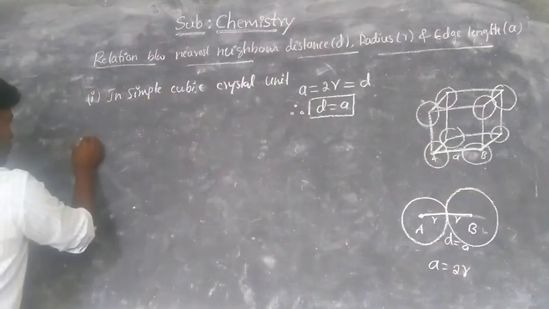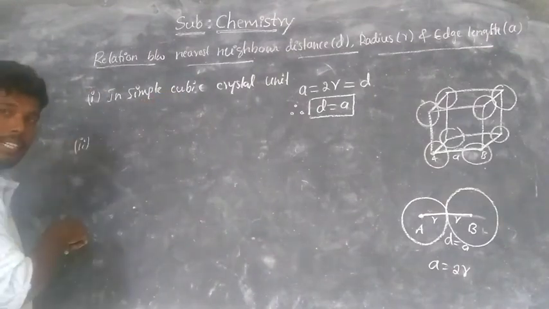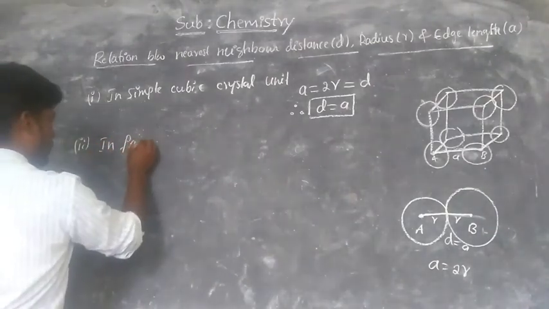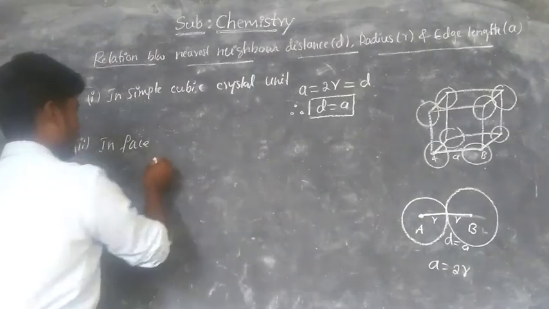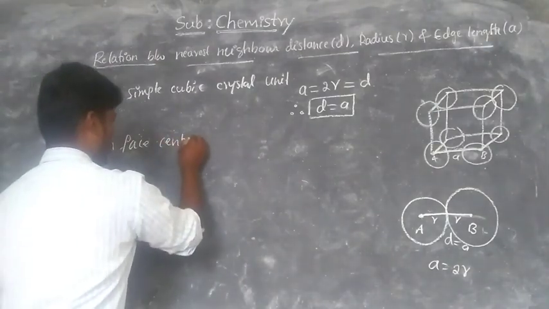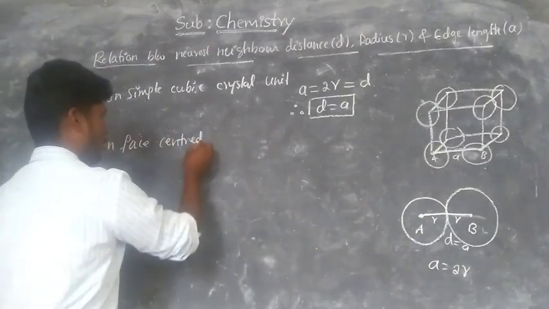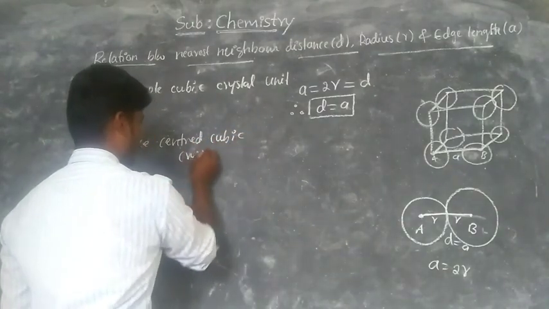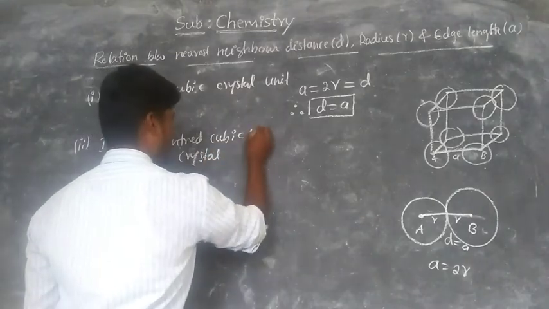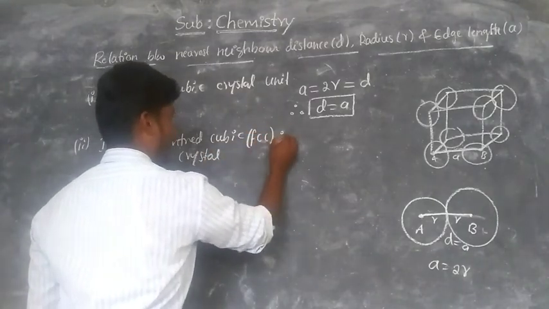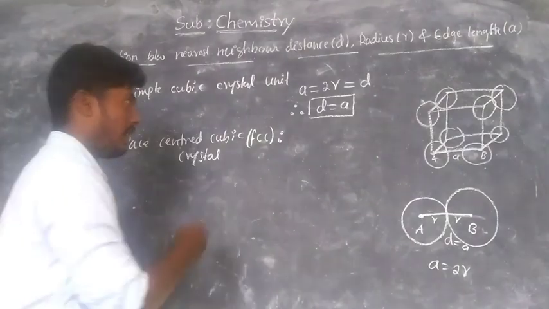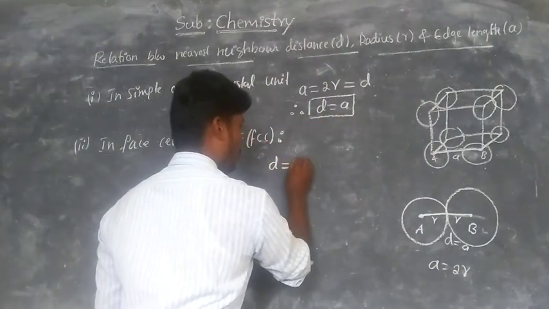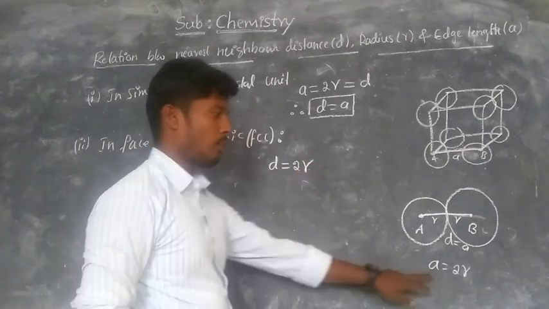Then in case 2, in a face centered cubic crystal, that is FCC, there also we say that the nearest distance d is equal to 2r.